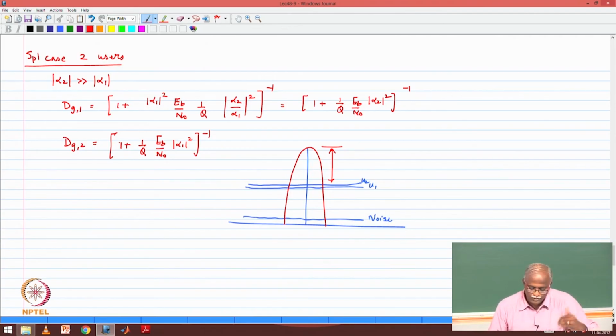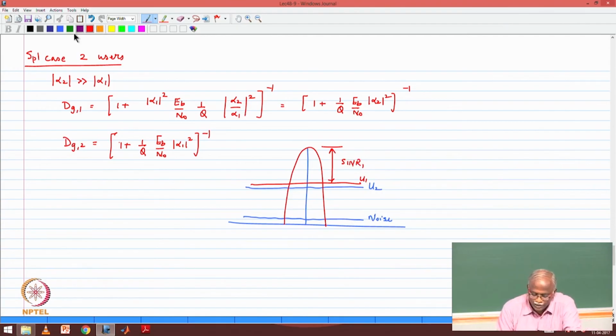Well, user 2 is stronger, so I think I have labeled it wrong. Okay, user 2 is stronger. So this is user 2, and let me draw user 1 here, user 1. Okay, so when I try to despread user 1, this is my SINR of user 1.